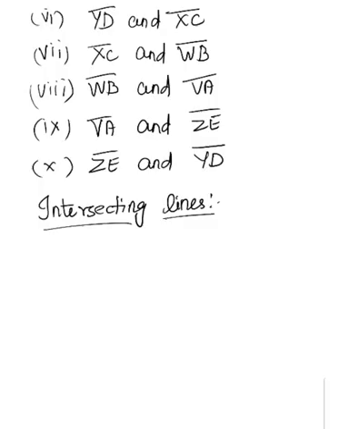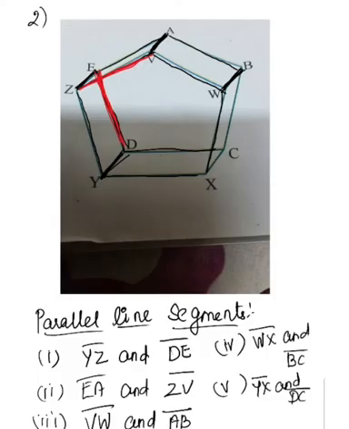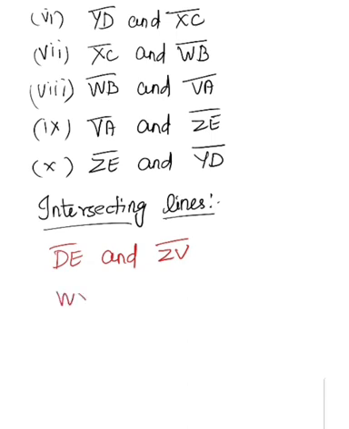Then one more, this one is WX and DC. This is also another intersecting line. So these are all called intersecting lines. Then go to the next question.